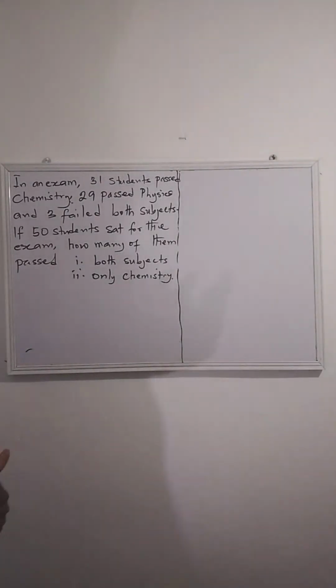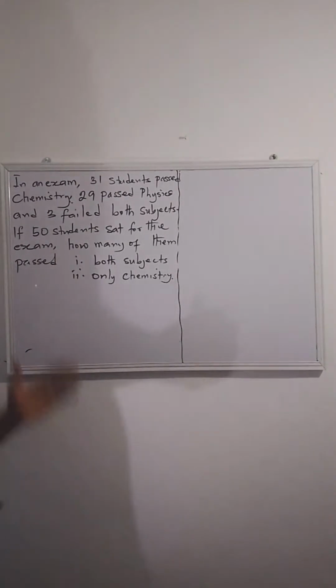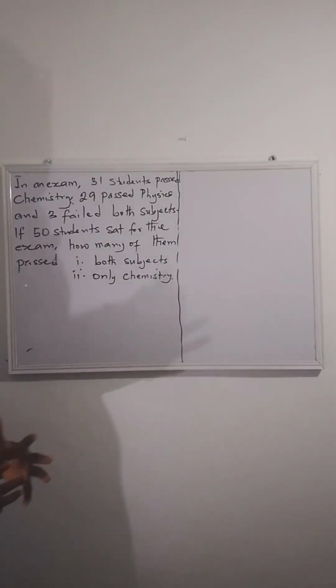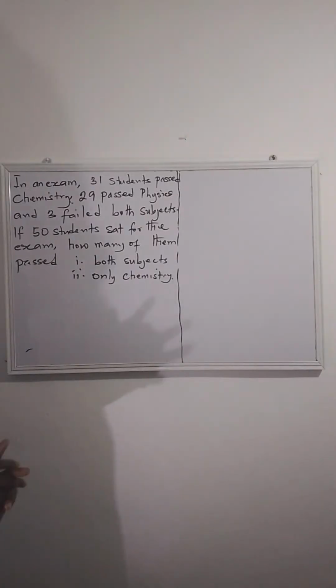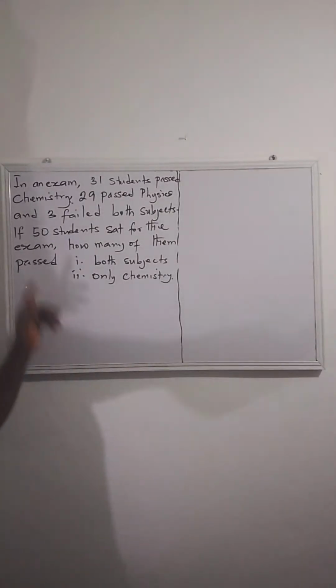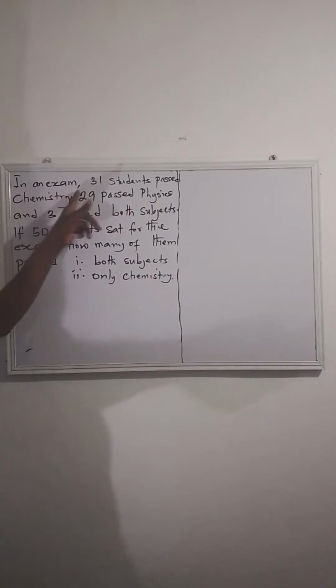Now, we are reading again with understanding. I told you before you answer questions like this, you make sure you read 2 times so you get the concept of the question. Now, in an exam, 31 students passed chemistry. So, in the total number of students of 50, okay, 31 of them passed what? Chemistry.